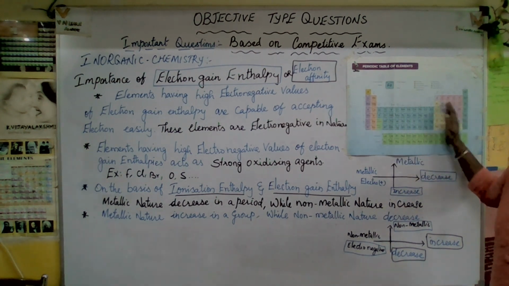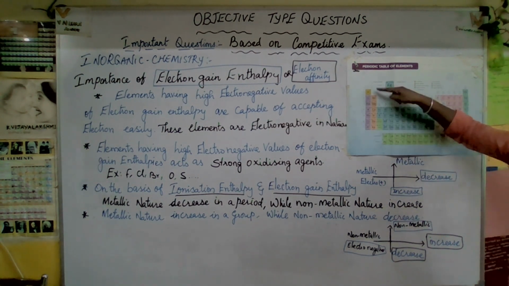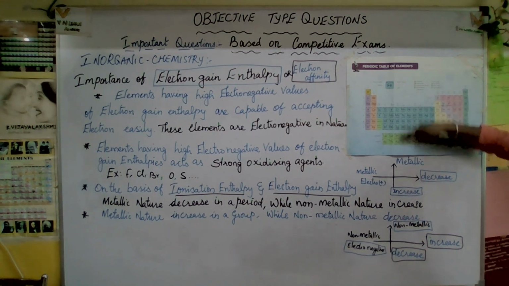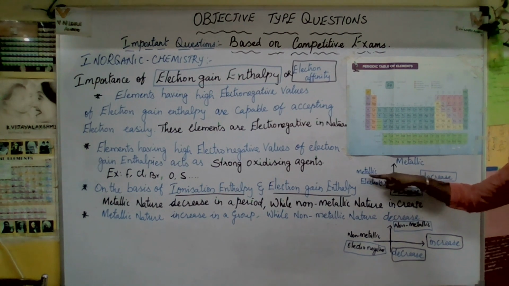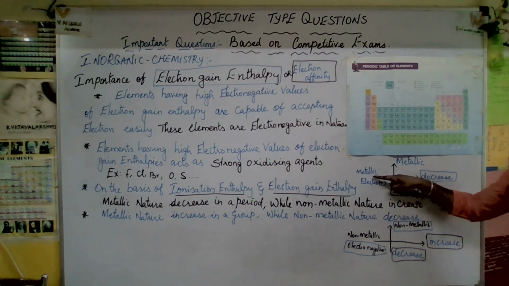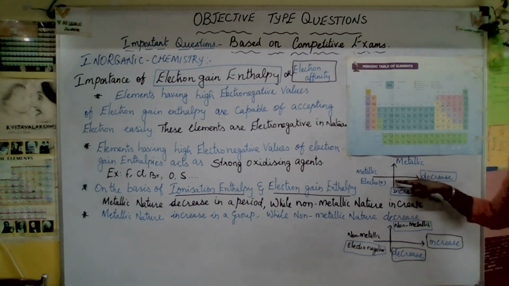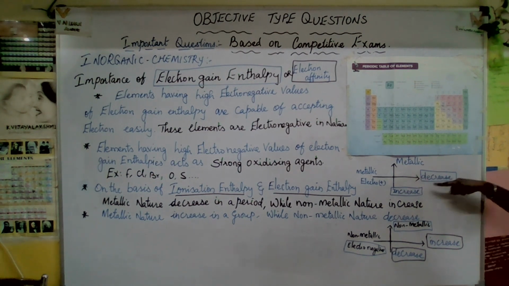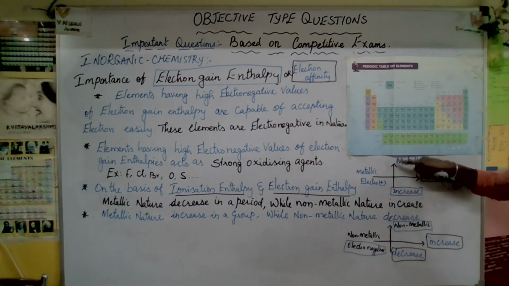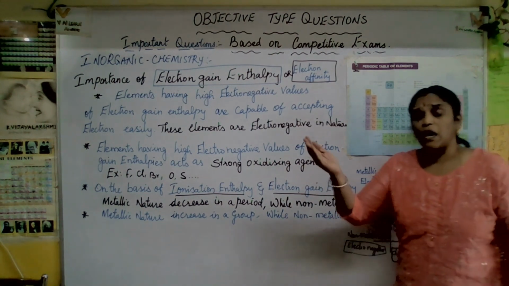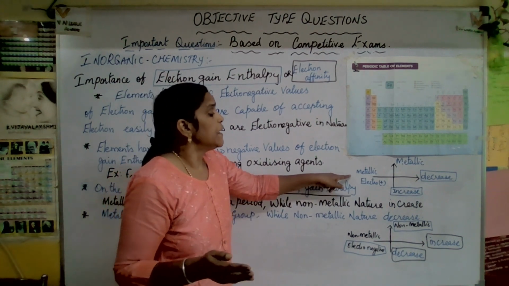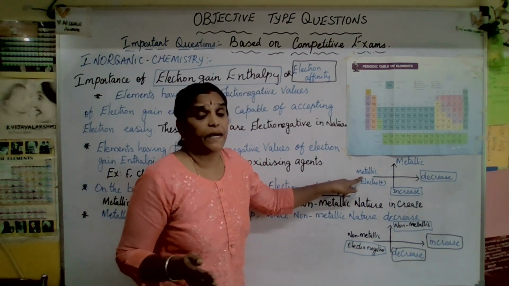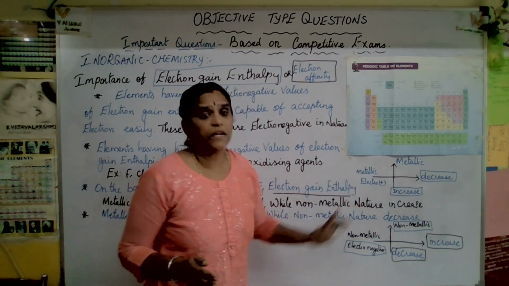As you see the periodic table, the arrow mark shows the metallic nature, electropositive in nature: it decreases in a period, whereas it increases in a group. The arrow mark goes upwards.